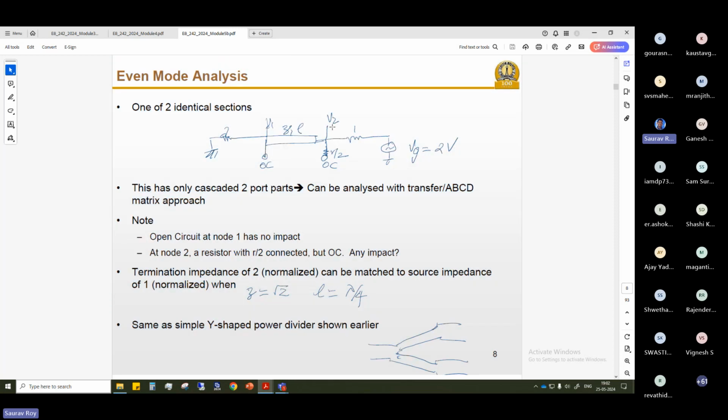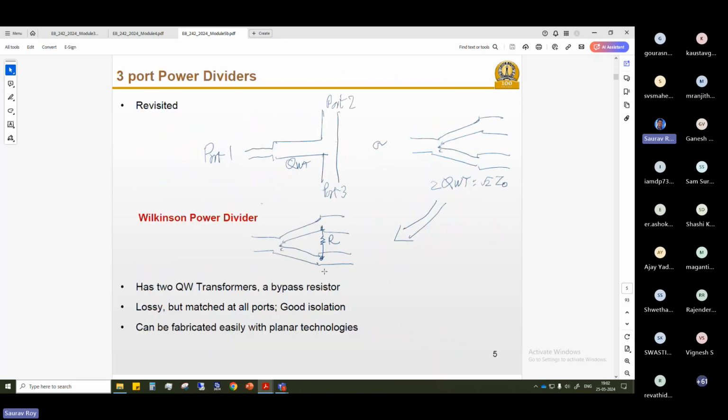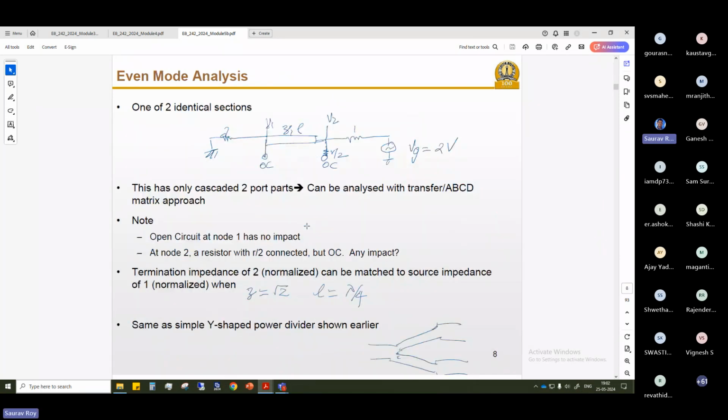So obviously the characteristic impedance will be square root of Z in into ZL. That is why it becomes root 2 Z naught. That's why it is taken as root 2. So that is how we calculate that for the Wilkinson power divider. You will see here we have a quarter wavelength section of characteristic impedance root 2 Z naught. This is clear from this calculation. Is it clear for you guys? Otherwise you can ask questions.